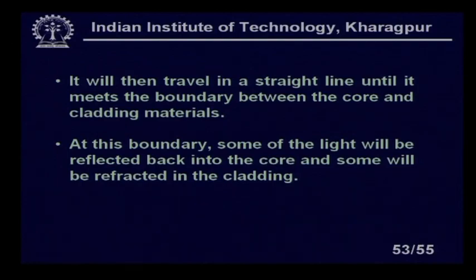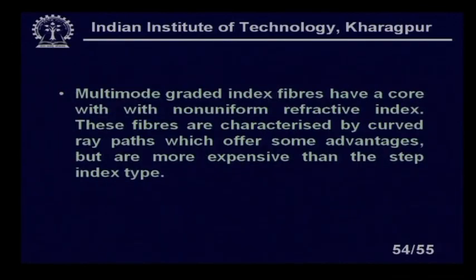Now, multimode graded index fibers are also there, where we talked about the step index fiber, both in the case of monomode and multimode fiber. In the step index fiber there is an abrupt change of the refractive index between the material of the core and the cladding.